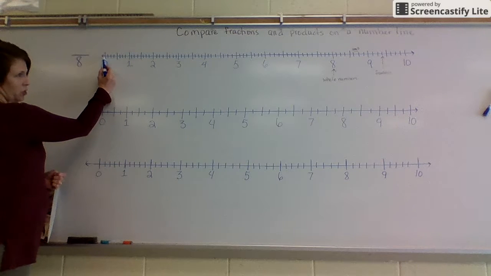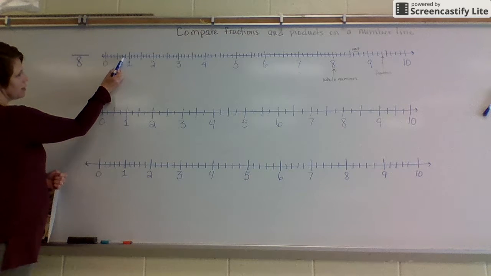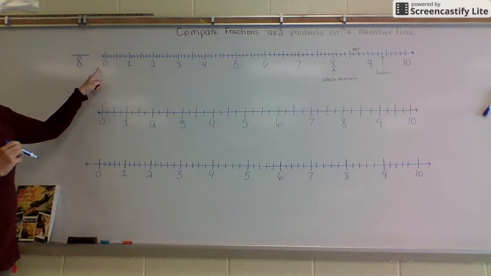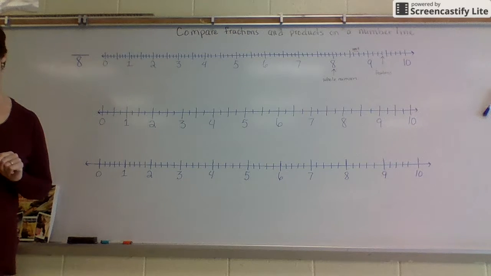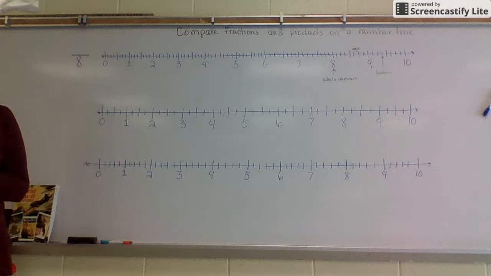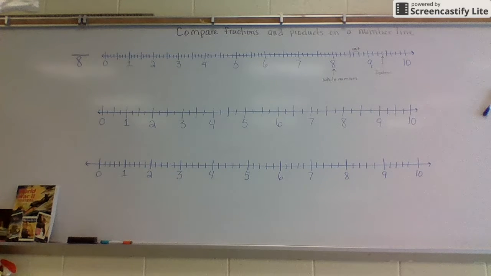I counted my units, which are between my tick marks. That's 1, 2, 3, 4, 5, 6, 7, 8. So there are 8 parts in all between my whole numbers. See if there are 8 parts between your 1 and your 2. Yes or no?